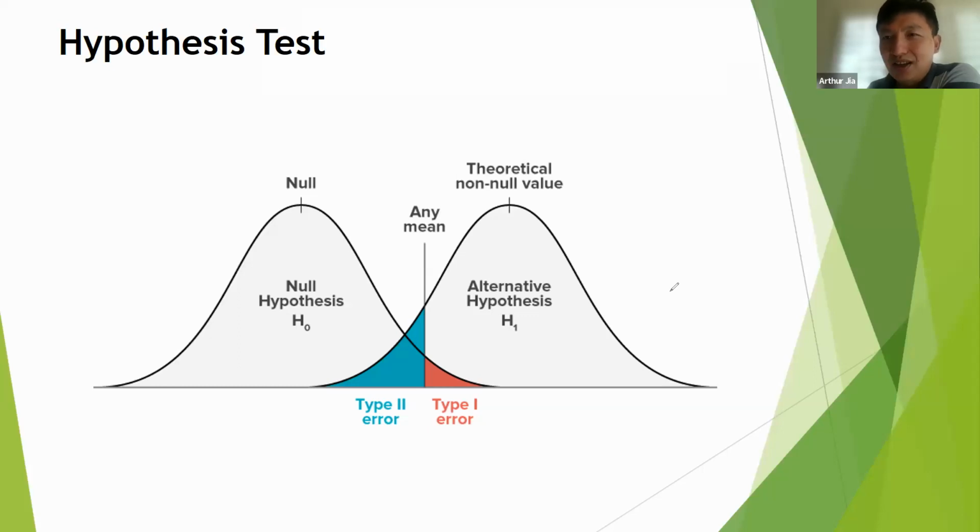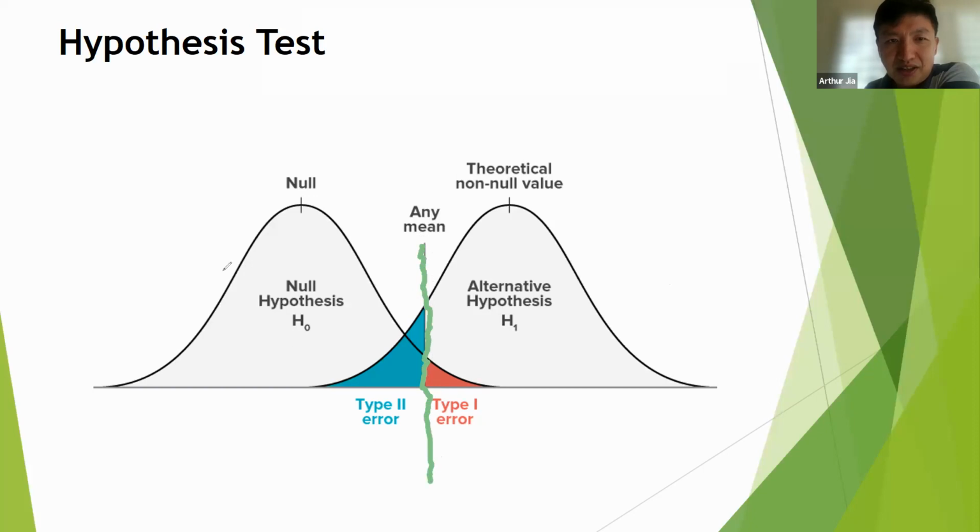So a cutoff. If your test statistic, in this case your sample mean, is beyond some cutoff, then you're going to reject your null hypothesis. If your sample mean is within some range, then you believe your null hypothesis is true, makes sense, then you're going to accept it. So here, for example, we use this as a cutoff threshold.